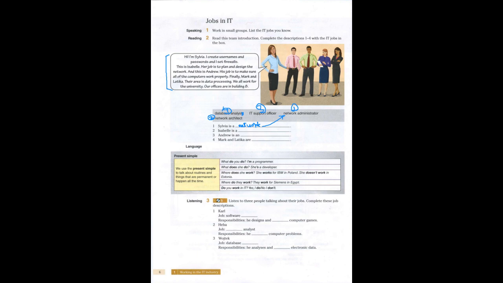Here we have another important grammar rule. We are still dealing with the present simple tense. Actually, the present simple is one of the most important tenses of English, which means al-mudara. But I think you all know that there is past, present, and future tenses.